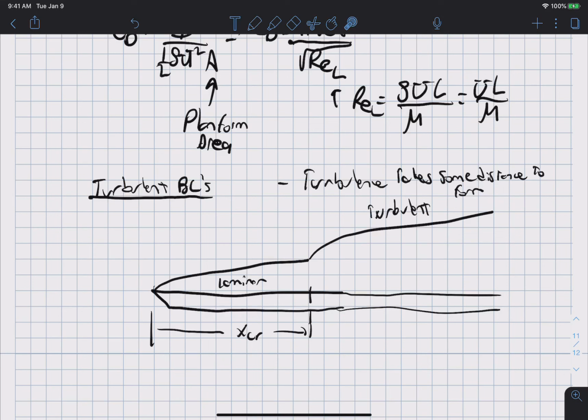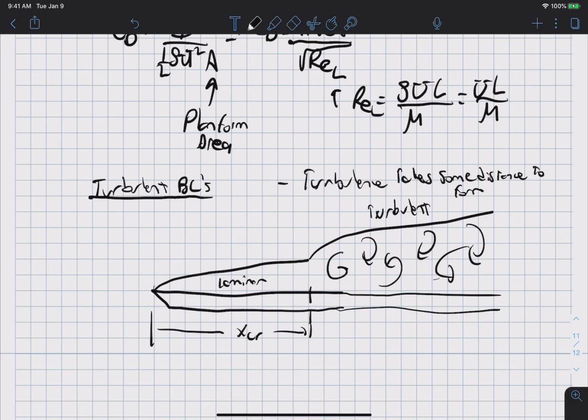Even in the boundary layer here, in the laminar section, the streamlines would be nice and straight, without any chaotic motions. But in the turbulent section, there's a lot of chaotic motion in the boundary layer, just like in the pipe flow. This chaotic motion really changes things.